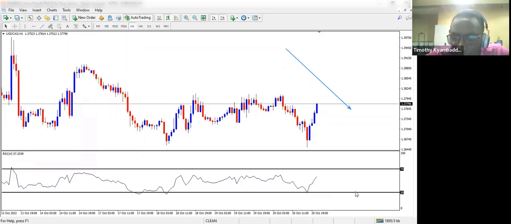So our 30 and 70 zones have been marked out because these are the two most relevant zones as we look at RSI.